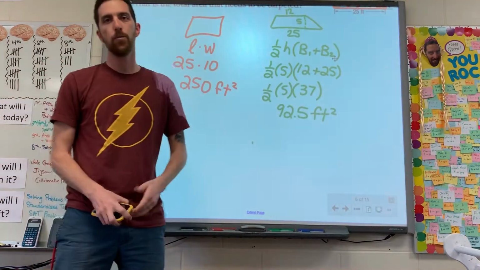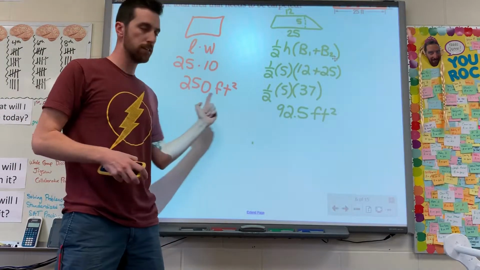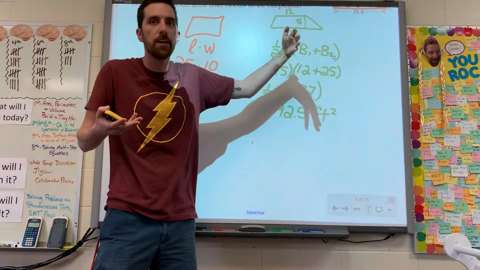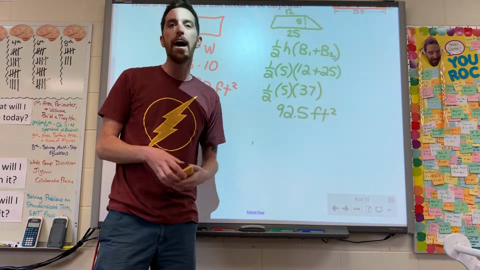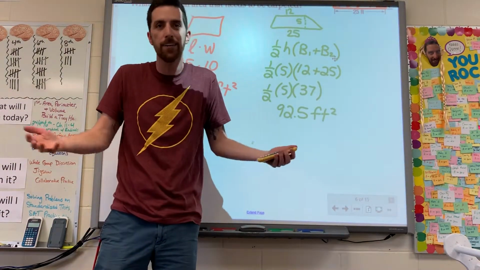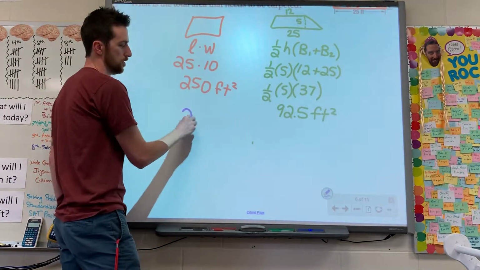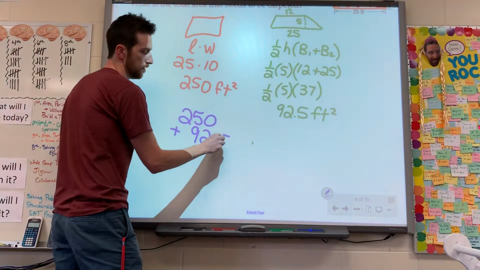Now, we need to know how much carpet is going to be in the whole thing. Here's the rectangle. Here's the trapezoid part. If you want to know all together how much it would be, what are you going to do with those two numbers? Yeah, you got it. Oh my gosh, the whole class just screamed out, add it. That's great. So we're going to add those together. 250 plus 92.5.